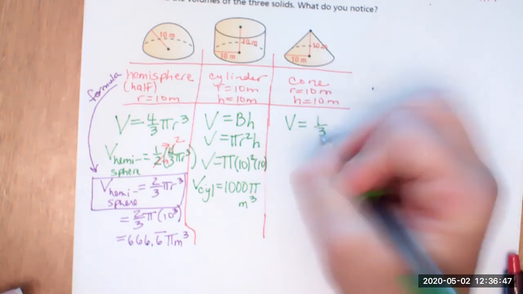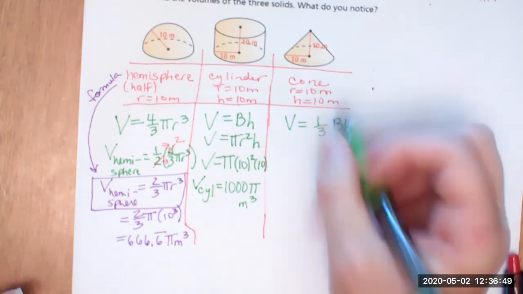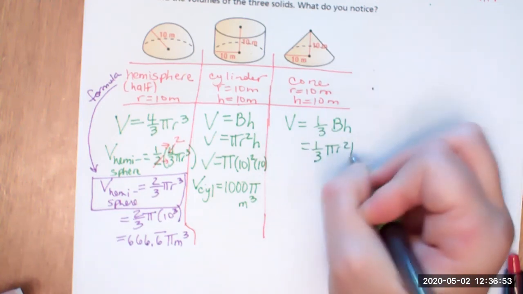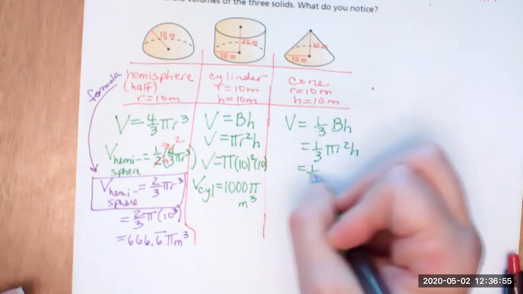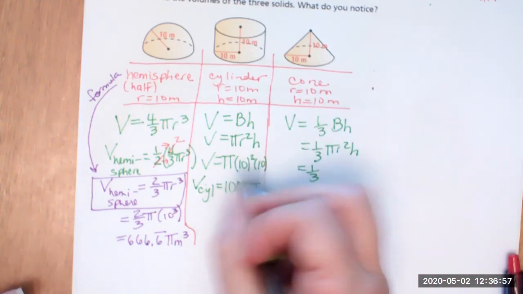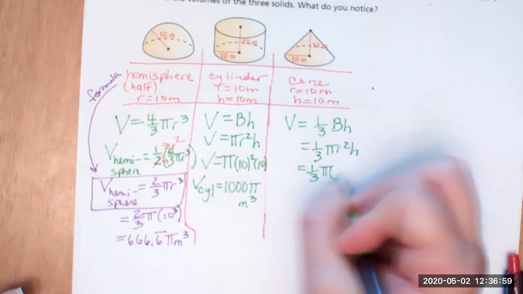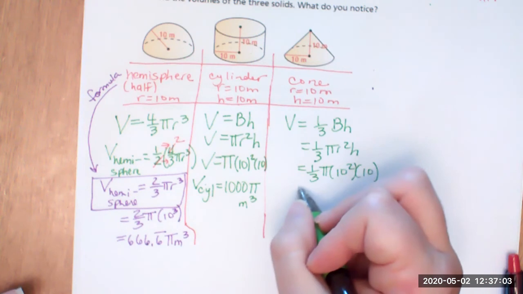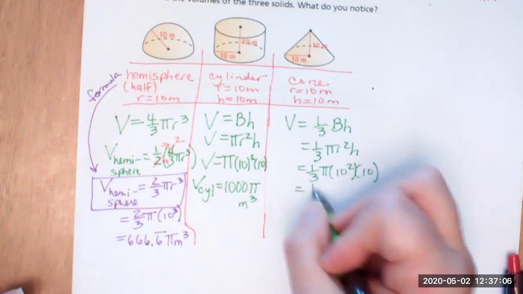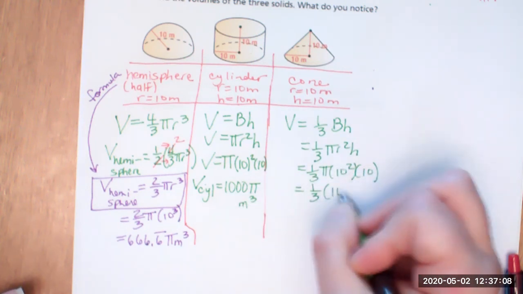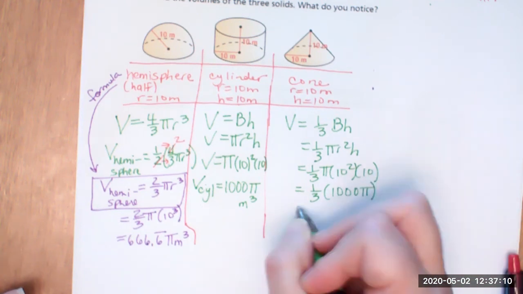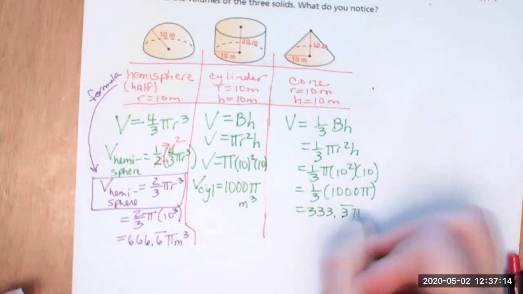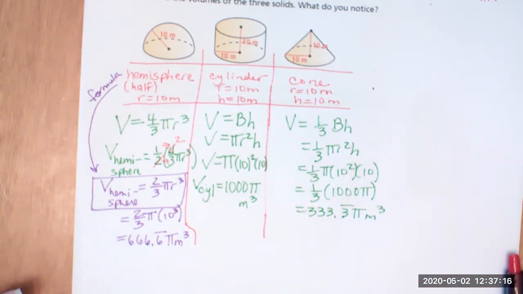So we have 1/3 area of the base times the height. So we have 1/3 of pi r squared h, or 1/3 of basically the expression we had here. Pi times 10 squared times 10. And sure enough, we have basically a third of 1,000 pi, right? Or 333.3 pi meters cubed.